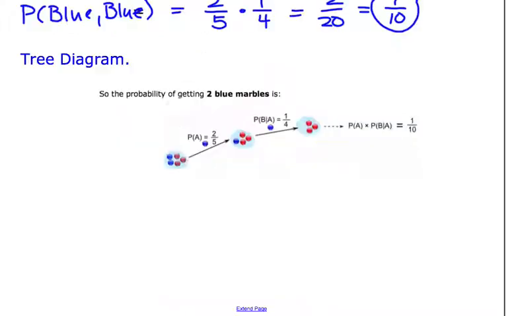I did put up here a picture of a tree diagram. You've seen this before. Here is the beginning: the probability of getting A is 2/5. 1 is gone. Probability of getting a blue again. We multiply these two numbers together, and we get a 1 out of 10 chance.